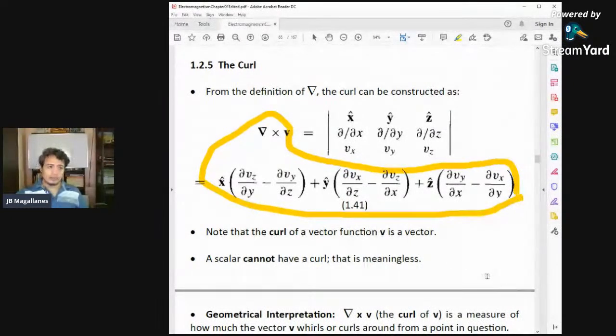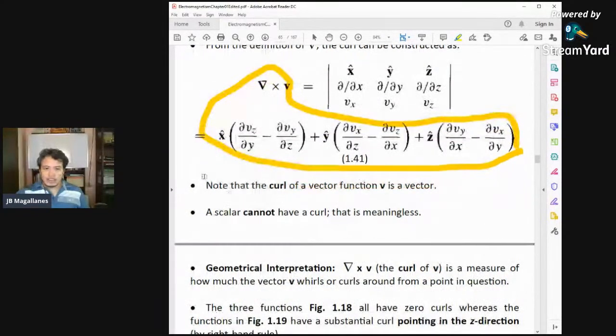Note that the curl of a vector function is also a vector function. It's also a vector because it has direction. A scalar cannot have a curl.